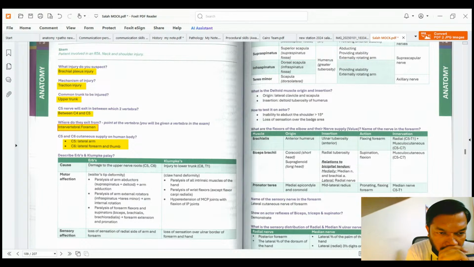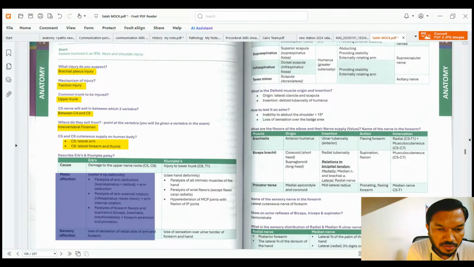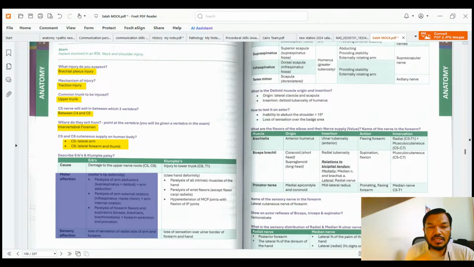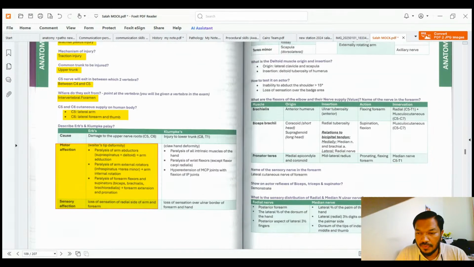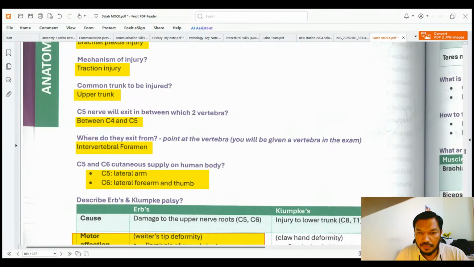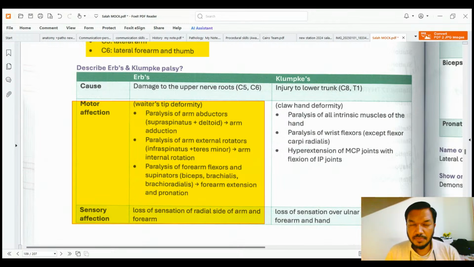That is Erb's palsy, motor and sensory affection. Now Klumpke's palsy: injury to the lower trunk, cervical 8, thoracic 1. Motor affection: claw hand deformity.